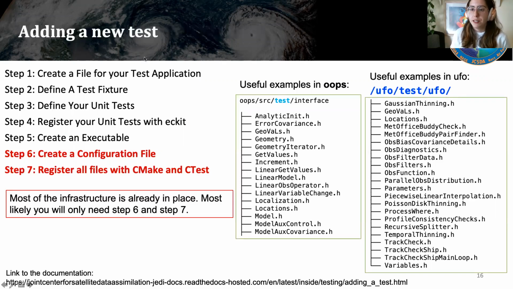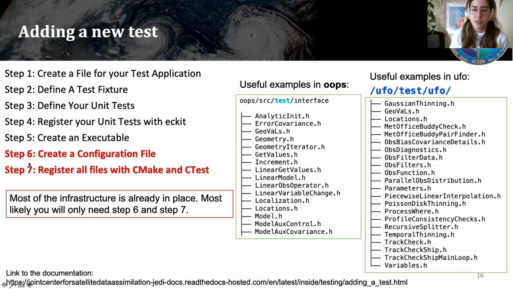Okay, here I listed all the steps that you need to take in order to add a new test to JEDI. There are 7 main steps, but in almost all cases, you can skip steps 1 to 5 because most of the infrastructure is already in place. So you don't need to do any of these.